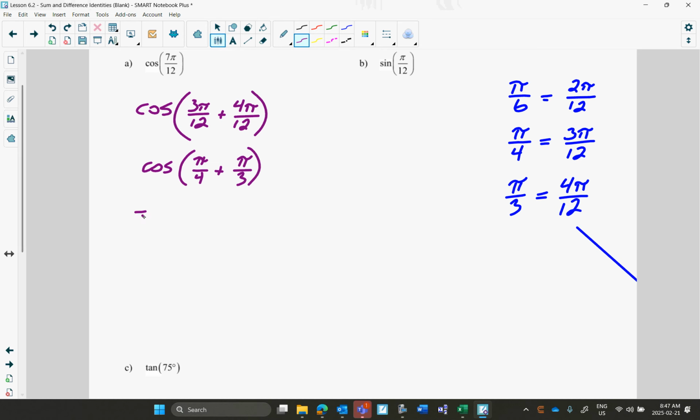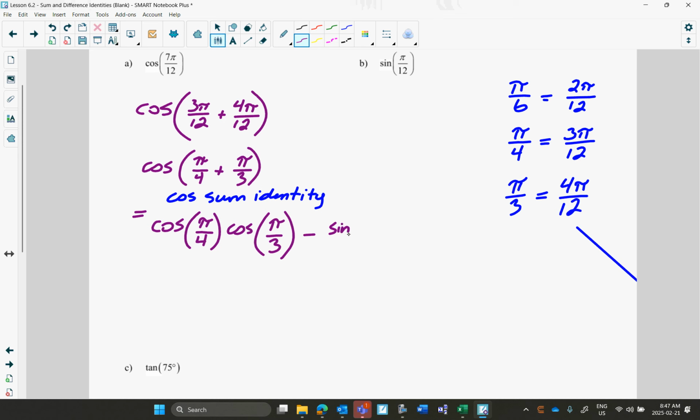This is going to be the same as, because this is the cos sum identity I can use, taking cos of the first one times cos of the second one minus sine of the first one times sine of the second.